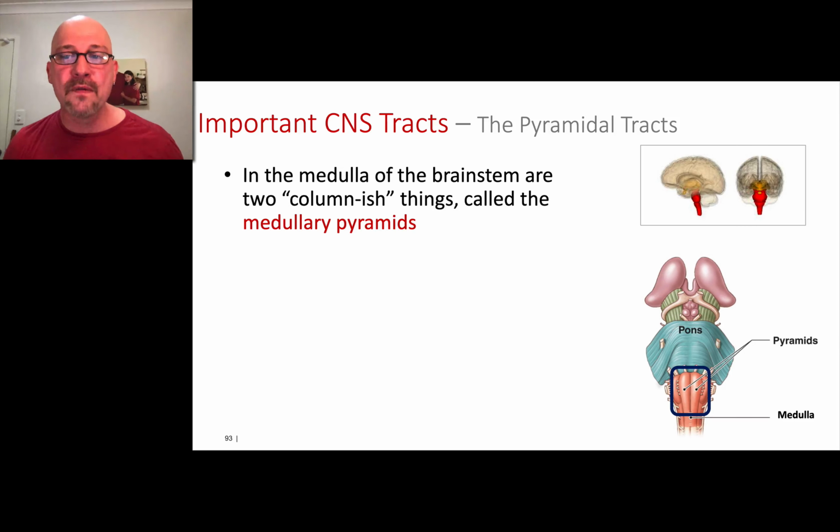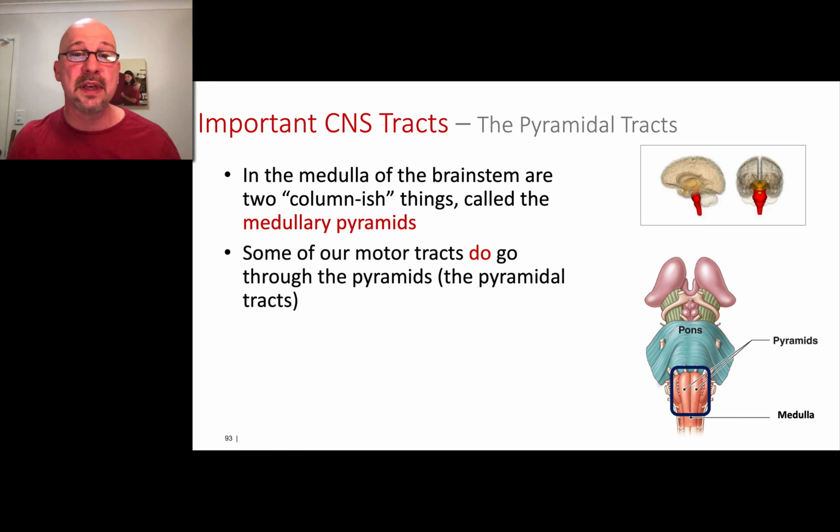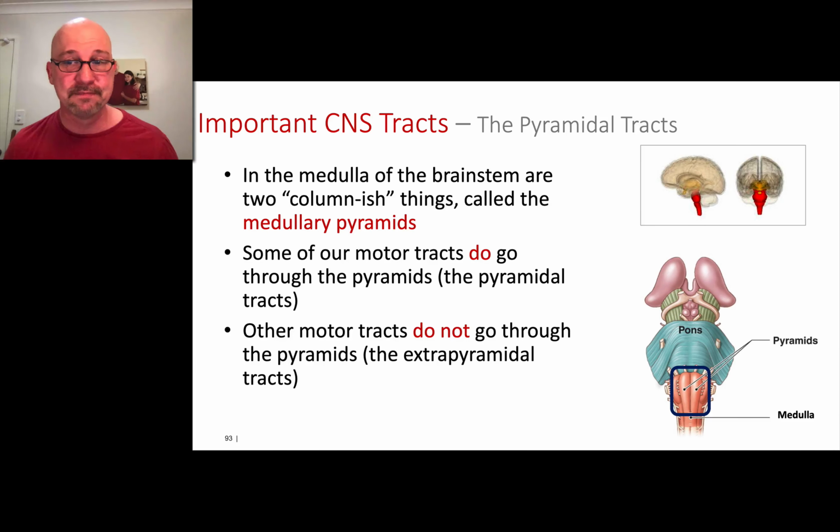And some of the motor tracts go through those pyramids, and those are the pyramidal tracts, and some of them take a detour around the pyramids and don't go through the pyramids, and those are called the extrapyramidal tracts. That's where the name comes from. They don't look like pyramids, that's what we call them. Some of the motor pathways go through the pyramids, some of them go outside. And the ones that go through have very distinct motor activities, and the ones that go outside also have very distinct motor activities.